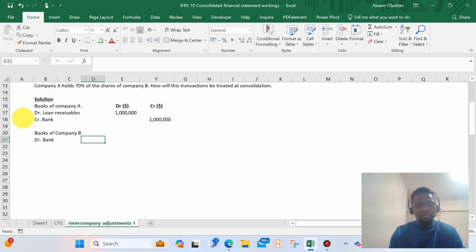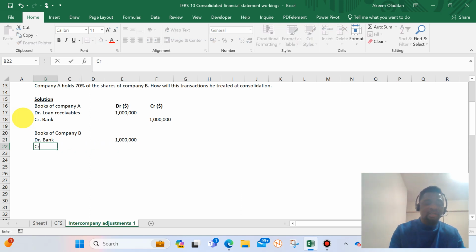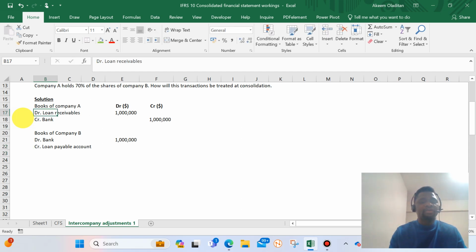The money will have come to the bank account of Company B, while Company B will have credited the loan payable account. So at consolidation, we'll be having this balance of loan receivable and also the balance of loan payable, which doesn't make sense. So what we need to do is to write off.